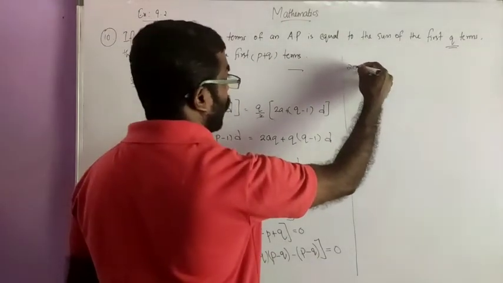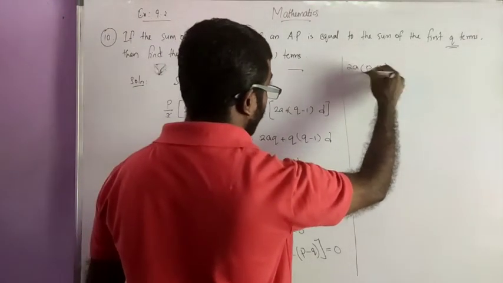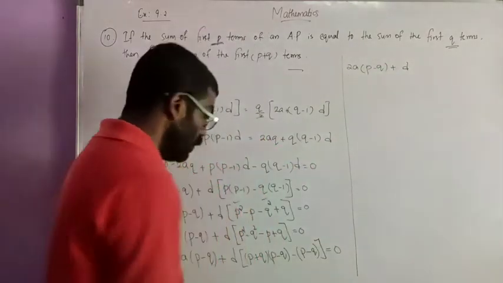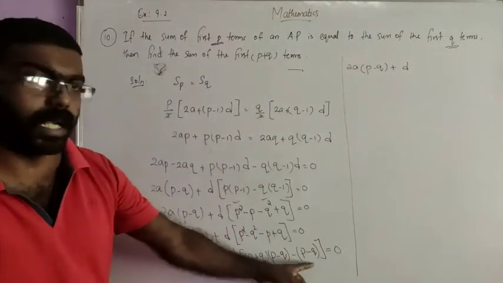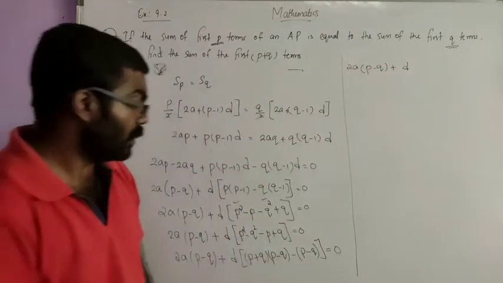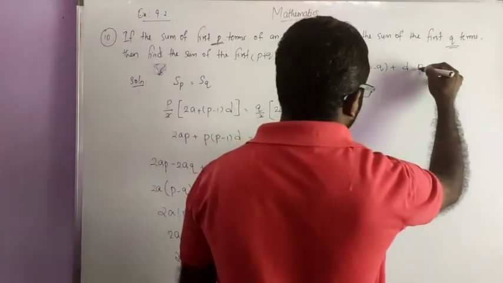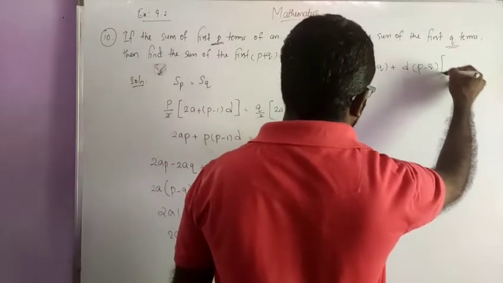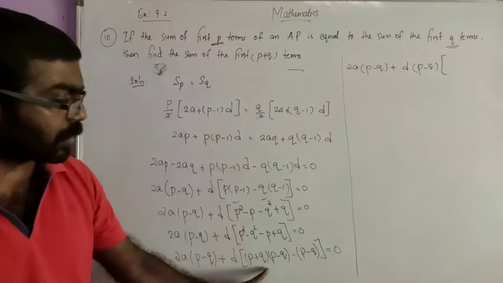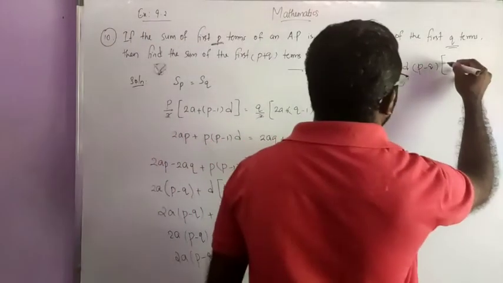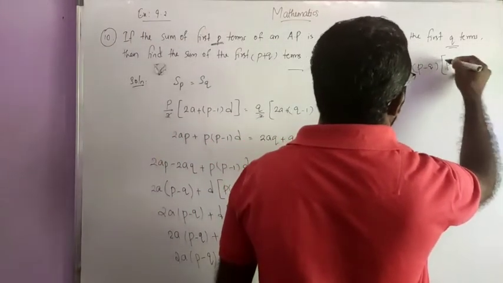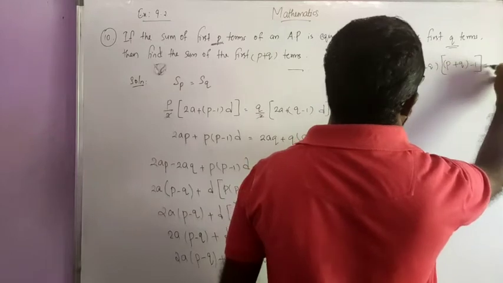So 2a into p minus q plus d into, from these two terms we can take p minus q common. So d into p minus q into the remaining p plus q minus 1, which is equal to 0.